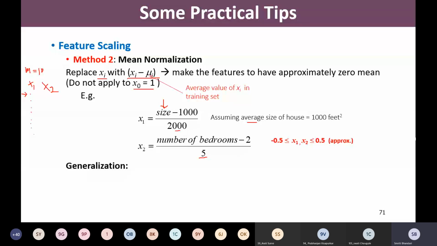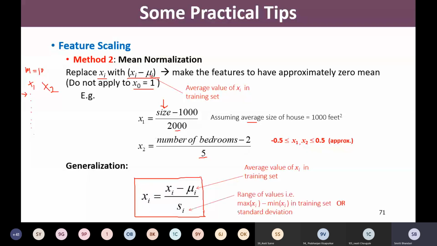Further, if we generalize this method of mean normalization, we have a generic formula, and many times in practical implementations we make use of this formula for feature scaling. What this formula says is that xi is replaced with the actual feature value minus mu i, the mean or average value of xi in my training set, divided by si.